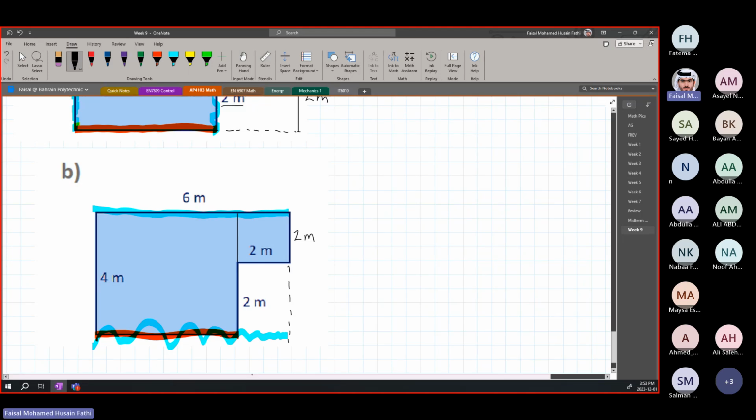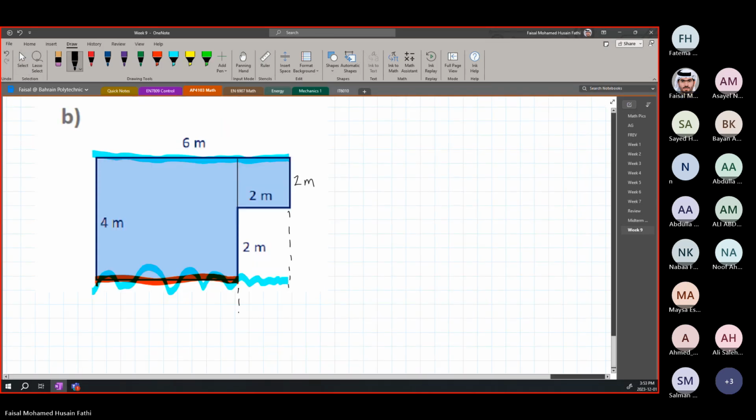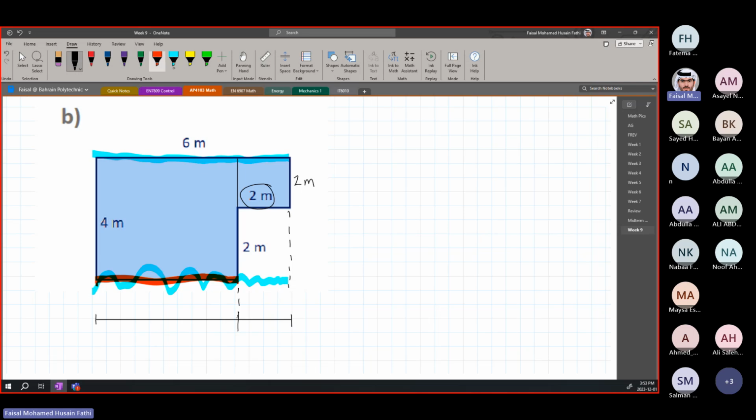And if we draw the line at the bottom, where this is the cut, this is the beginning, and this is the end, we know that this side is 2 meters. Since this is 2 meters, this has to be 2 meters, and this has to be 2 meters. So we know that this is 2 meters.